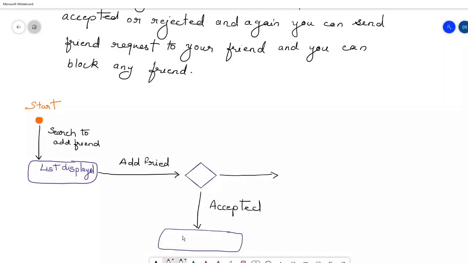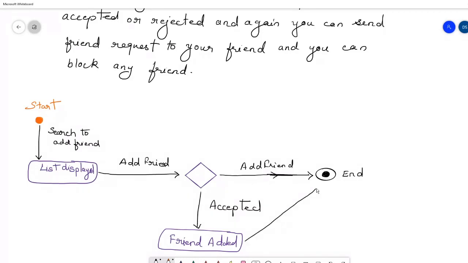So the next state would be friend added. When you have just sent add friend, or we have just sent the request, the state can end here. Further nothing has been done, and only a request is sent. If accepted, then it could be friend added.